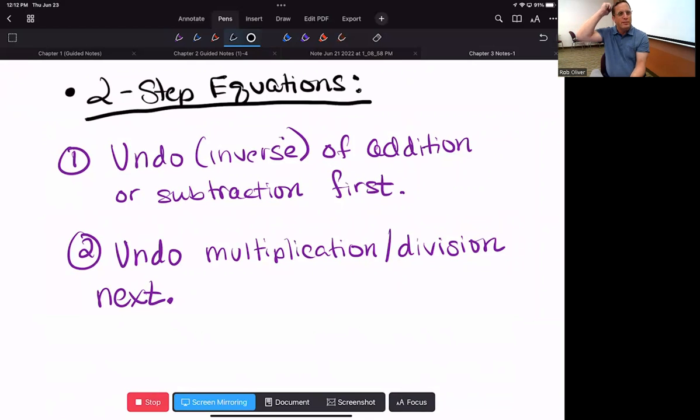But in its simplest way of explaining this, you deal with two-step equations by first undoing addition and subtraction, because algebra is all about the undoing of a problem. A lot of times in an algebra problem, it's already solved. The answer already says it equals something, like equals 5 or equals -10.